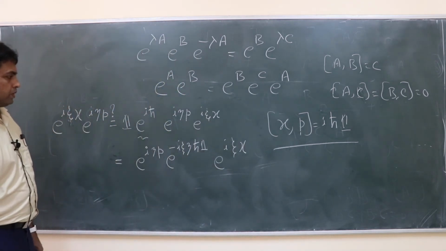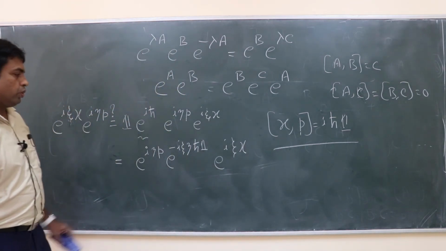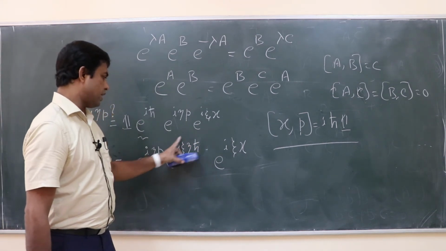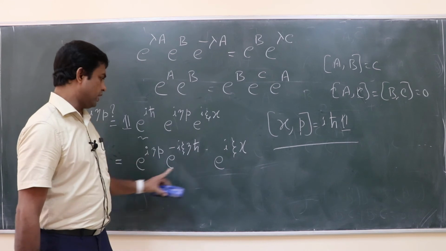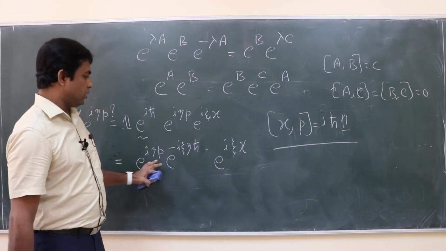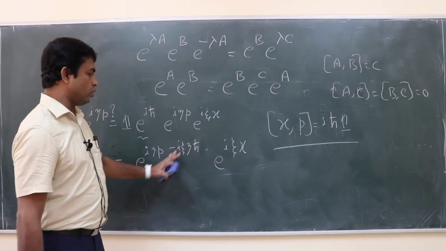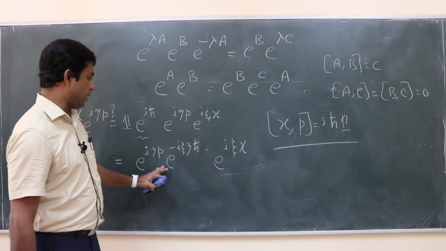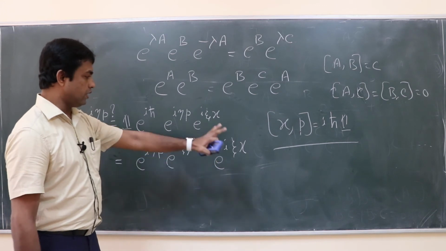So you don't have to keep the identity here, because this is a number into an operator. Finally, this left hand side is an operator, so even if you put an identity, it is not going to change the whole answer, because this is just a number now, and a number into another operator is an operator.